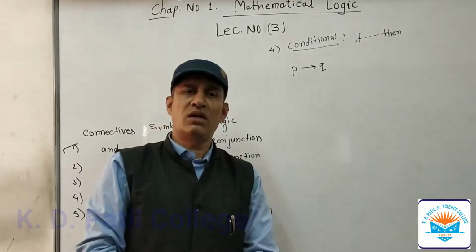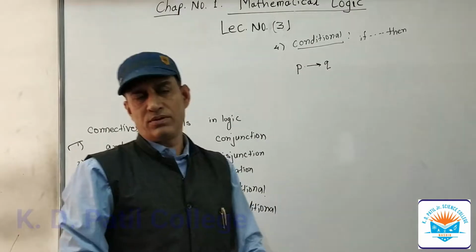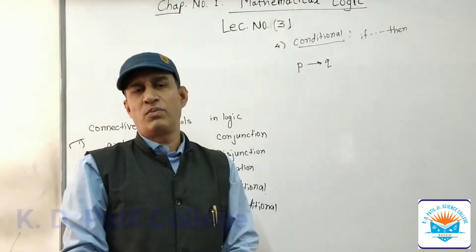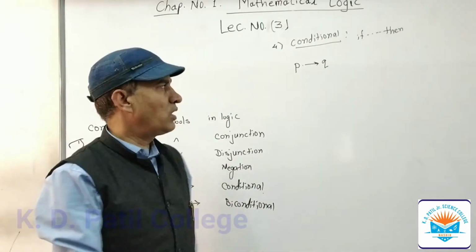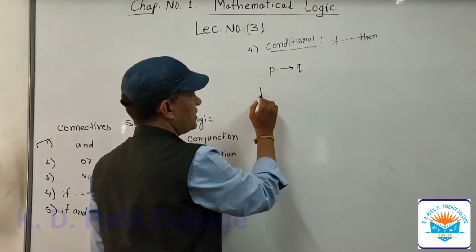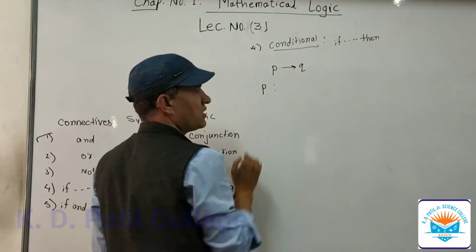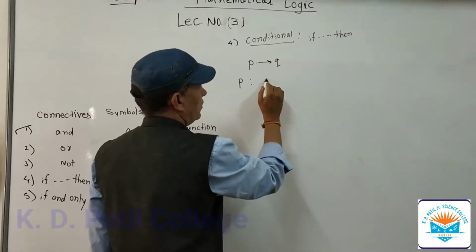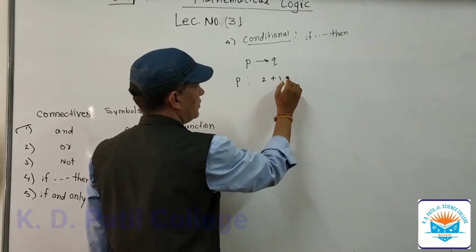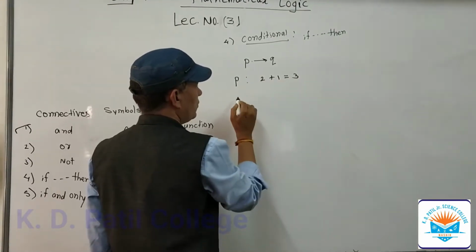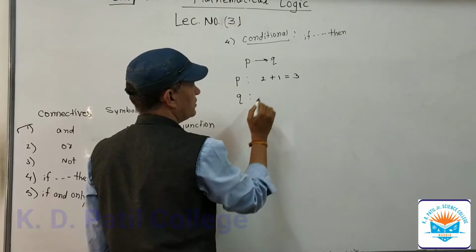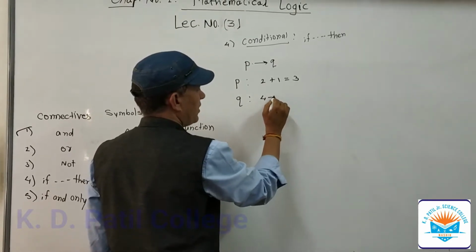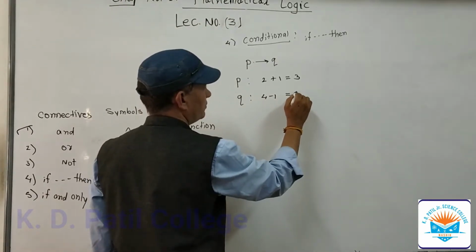Now we are taking a practical example of it. We are taking two atomic statements P and Q. Let P be such that 2 plus 1 is equal to 3, and Q be such that 4 minus 1 is equal to 3.